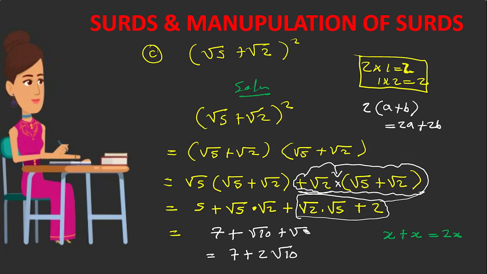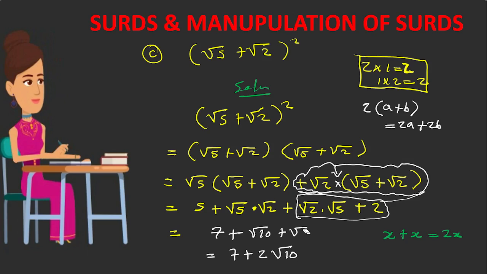So look, Miriam, you have 5 plus 2 because they are like terms. Then you are going to say plus, okay? So 5 and 2 are like terms.